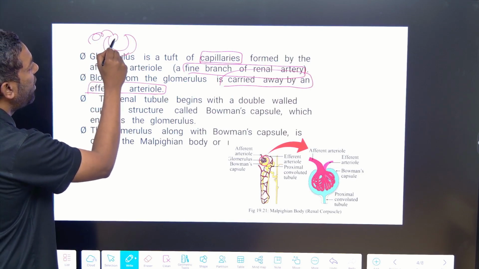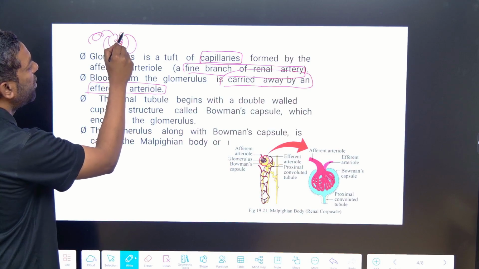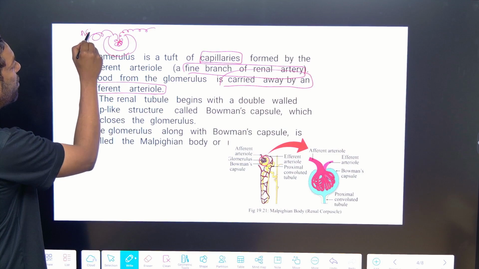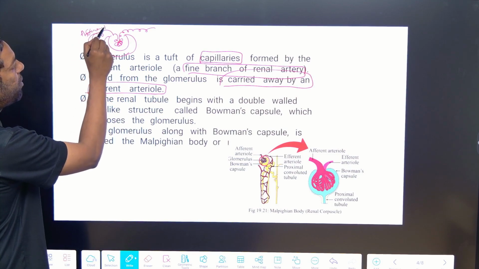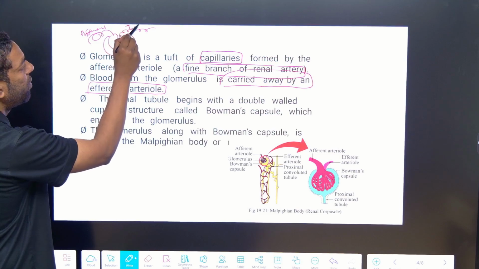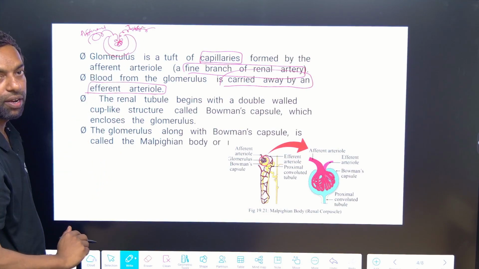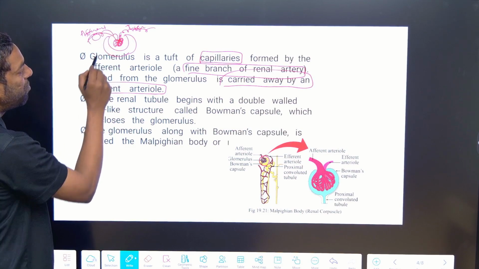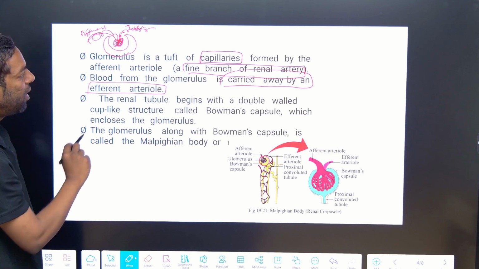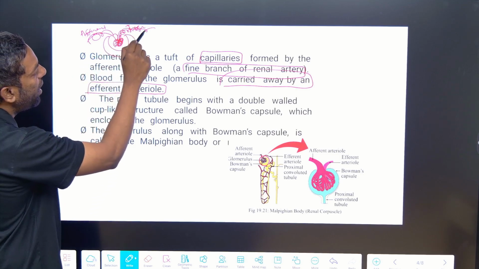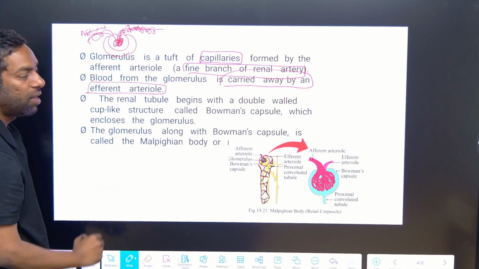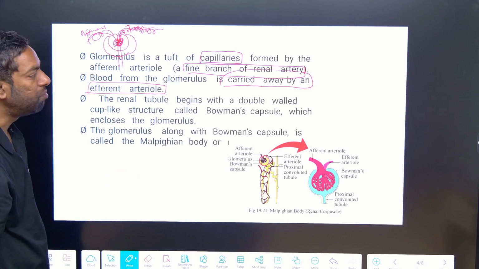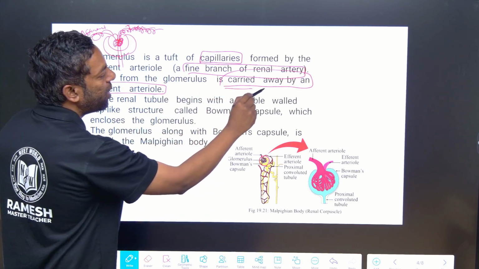Blood enters here and exits through the efferent arteriole. The entering part carries blood into the Bowman's capsule, and the exit part carries the blood out. The urea is filtered here; this is the mechanism. Does it mean they carry out only blood?